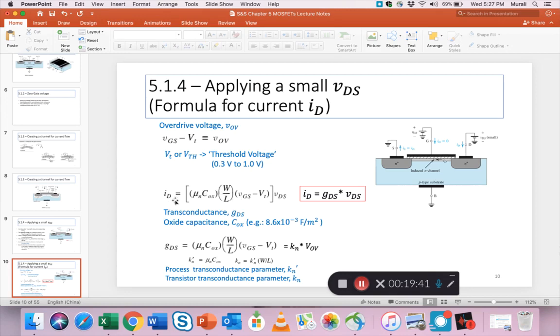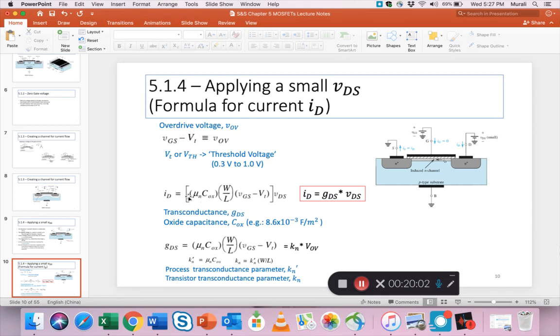But for now, to understand this logic, the drain current depends on these voltages. It depends a little bit on VGS, which is this voltage. It also depends on VDS, this voltage. And there's a whole bunch of other parameters, all from the physics of the semiconductor material.